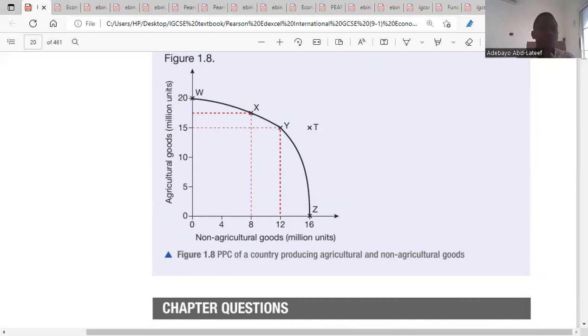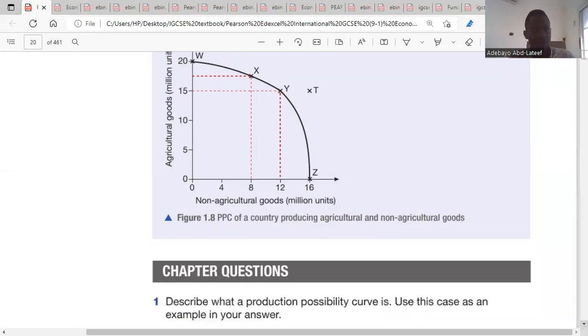Do you understand? They can also think about how they can improve on non-agricultural goods or agricultural goods to shift the PPC outward. So this is what decision makers will talk about. Is it clear? Then go to the third one. Let's see what the third question is saying. I'm going to write them out anyway.